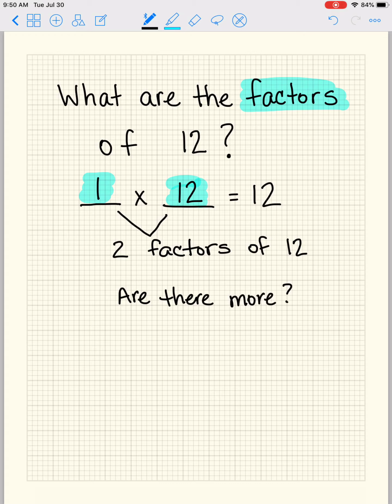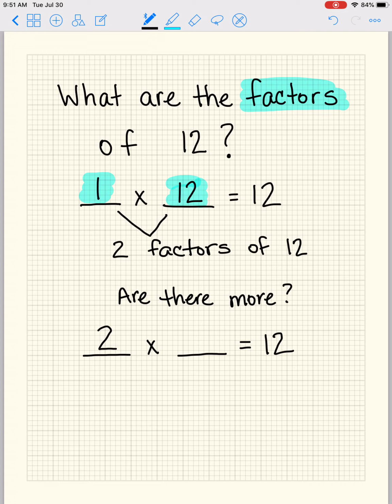Well, let's use our strategy again. What times what equals 12? Well, what are 2 other factors that you can think of that you could multiply together that would equal 12? Well, 12 is an even number because its last digit in the ones place is a 2. So therefore, I know I can multiply 2 times another number and it will equal 12.